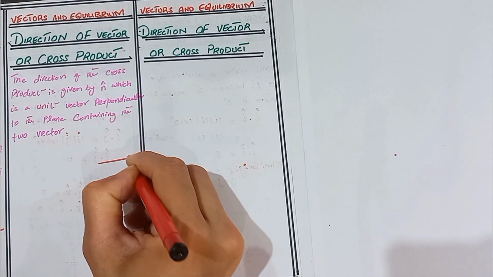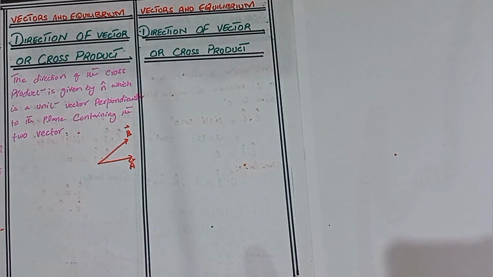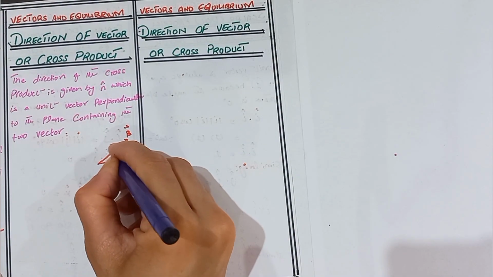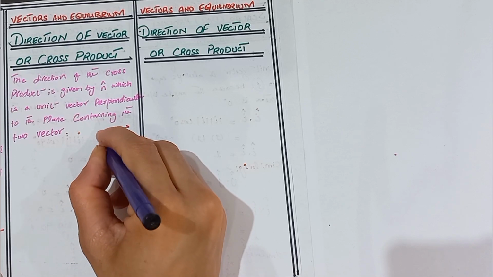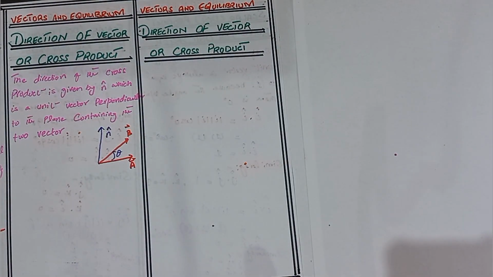Here we take the two vectors A and B. If we find its unit vector by the right hand screw rule, that is perpendicular to the plane, that is the n unit vector.